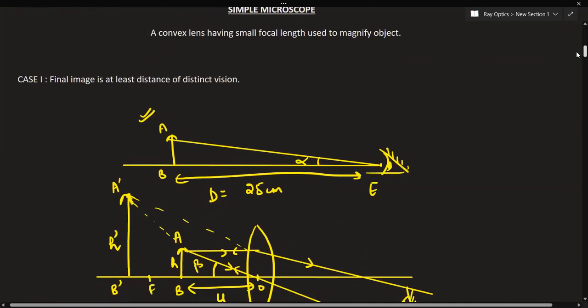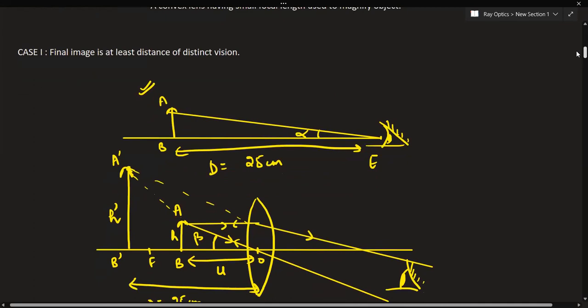In the simple microscope and in every other microscope, you basically have two cases: the final image at infinity, or the final image formed at the least distance of distinct vision. Least distance of distinct vision basically means when you are able to observe or see the image very clearly.